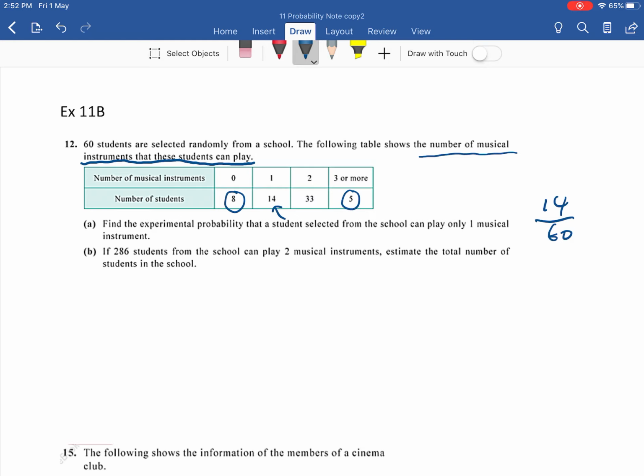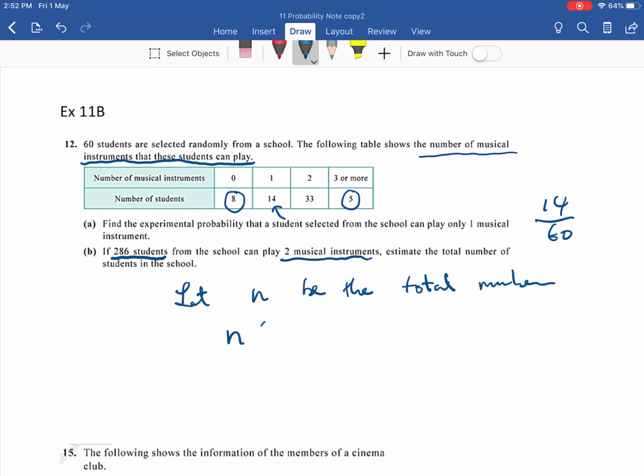If you know that 286 students can play 2 instruments, okay? Estimate the total number of students in the school. Let n be the total number.